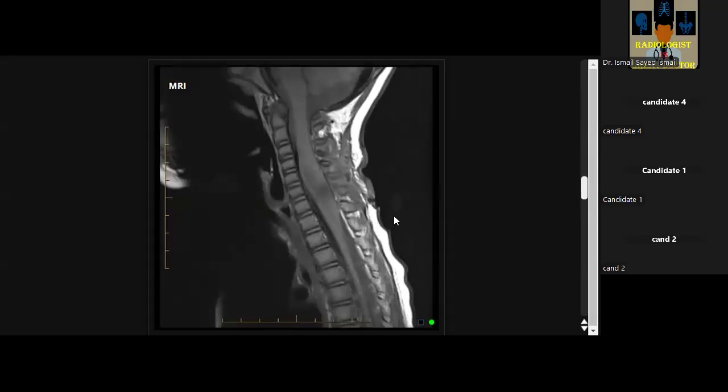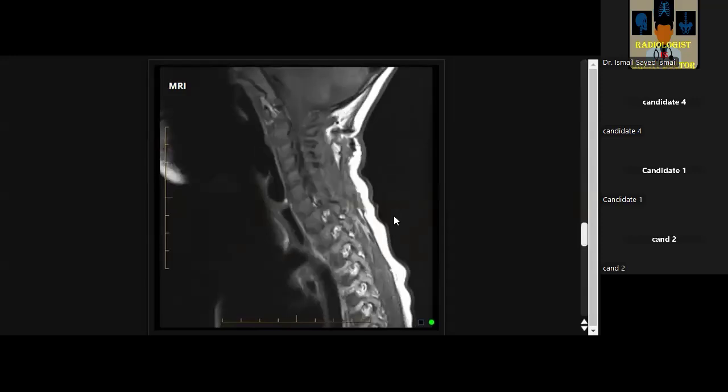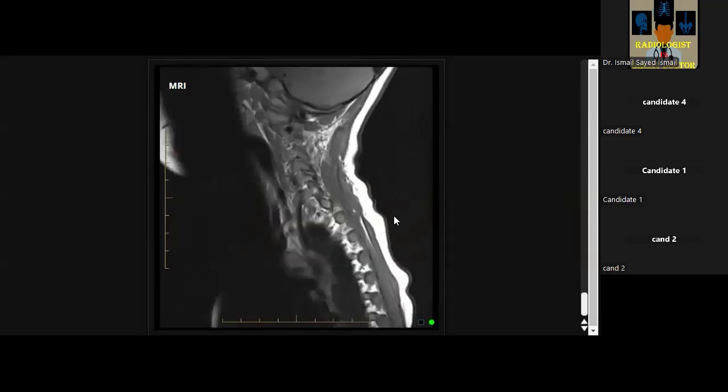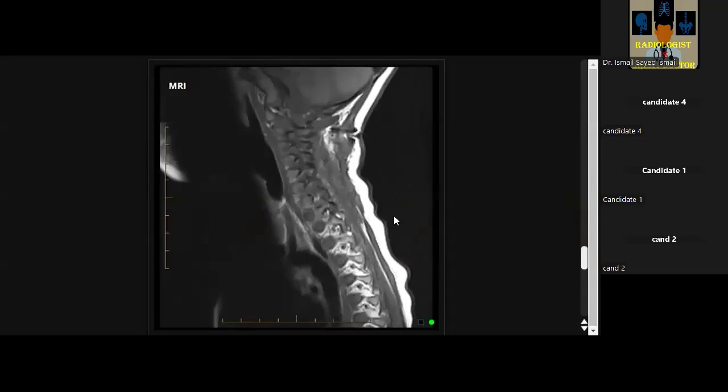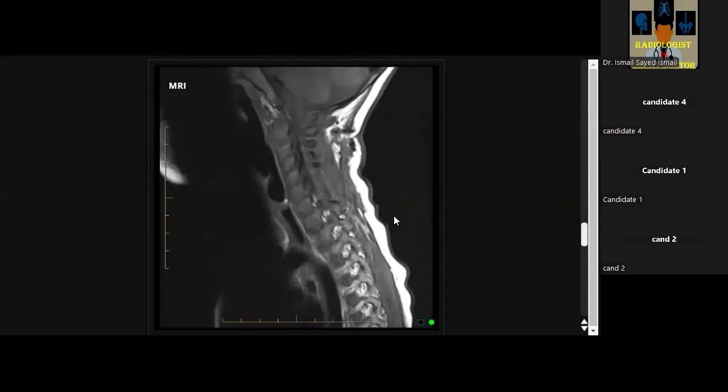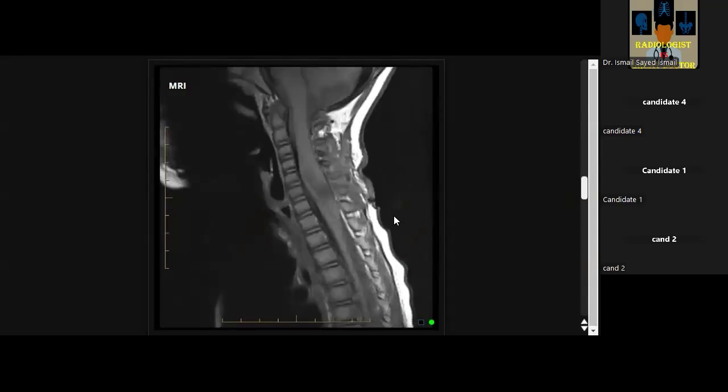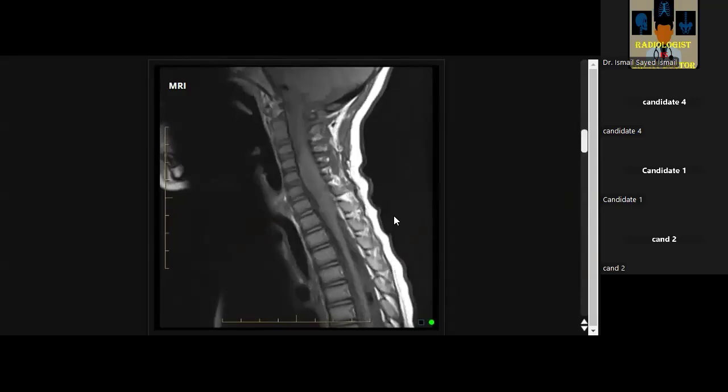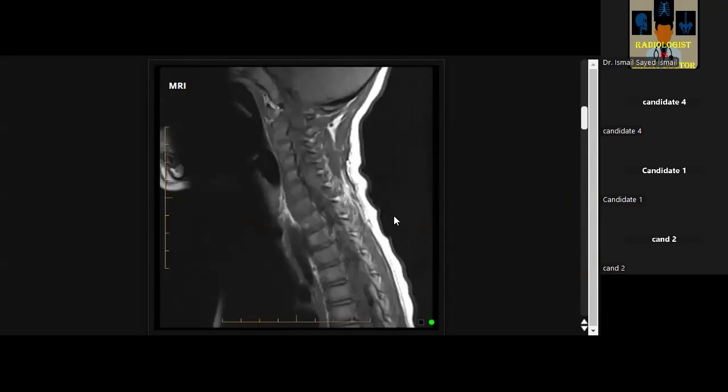Okay, so I'm provided a CT cervical spine, sagittal images. These are T1 weighted images. I'm scrolling. I can see that there is evidence of spinal cord expansion at the mid cervical level.